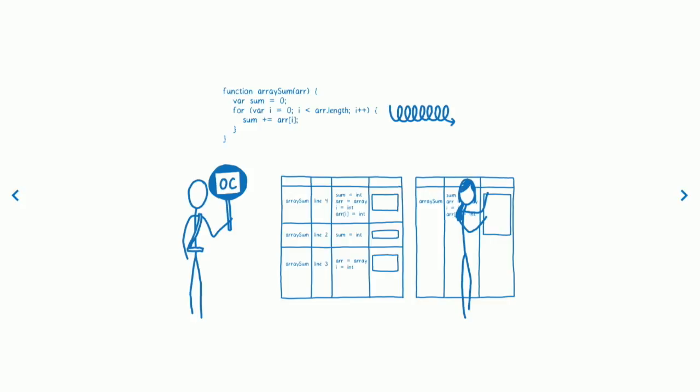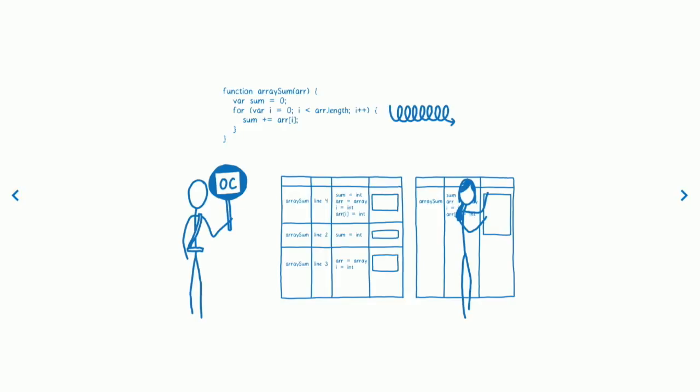The optimizing compiler uses the information that the monitor's been gathering to make these guesses about how the code works. But sometimes, even if something's been true every other time that function is run, that doesn't mean that it's going to be true the next time. In JavaScript, you don't have those guarantees. You could have 99 objects that are the same shape, and the 100th is different.